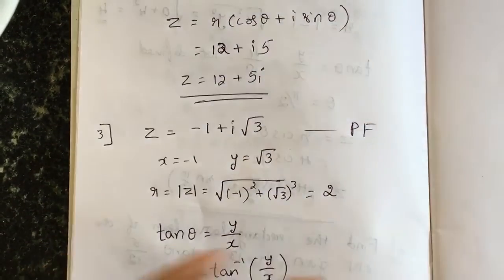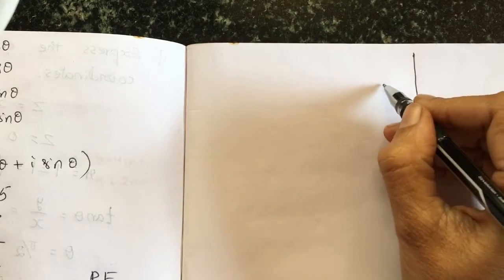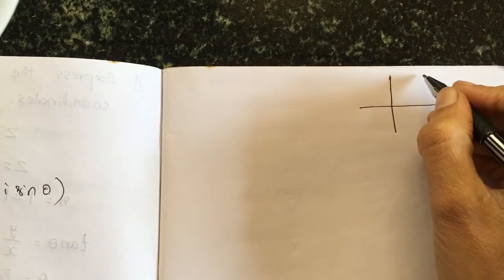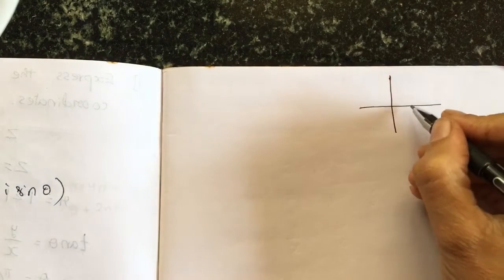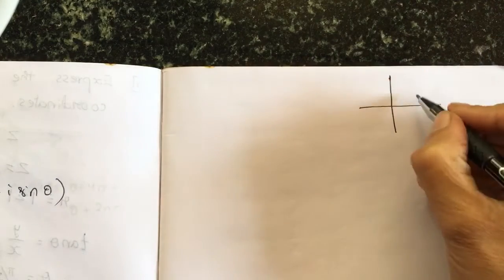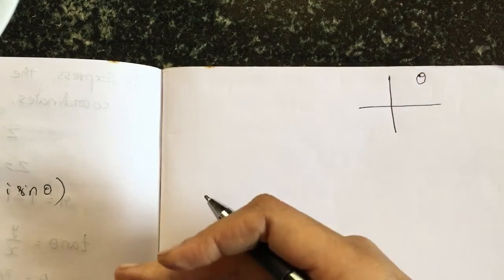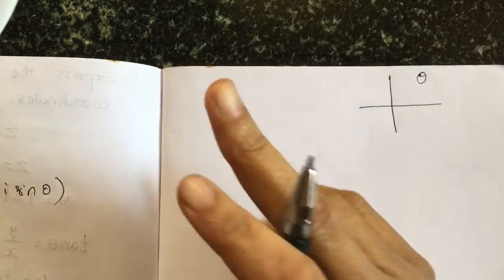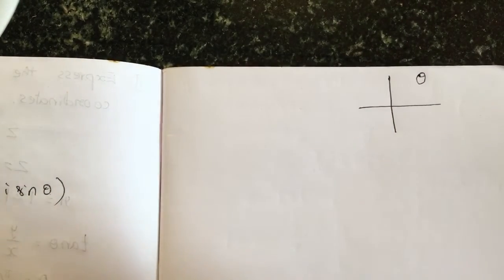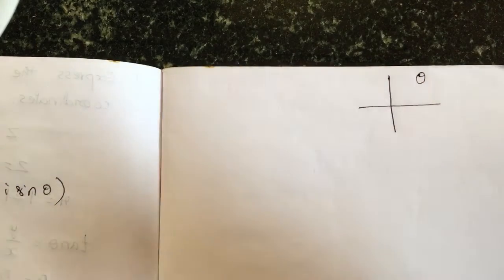Now, see, I hope you know this. When we are taking tan inverse to calculate the argument of z, these are the values of theta in different quadrants. When both x and y are positive, that's the first quadrant, and you simply take the angle theta, just like we did in the previous problem, z equal to 4i, where we directly took the value of theta, that is pi by 2 in that case, because x was 0.